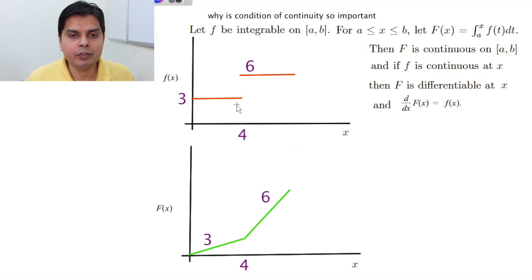After this point of discontinuity, that is after 4, it is increasing at the rate of 6. So this function will not be differentiable at this place. That's why in the fundamental theorem of calculus we say that this is a basic condition, that your integrand function, the small f(x), should be continuous. Then only can I have a differentiable F(x), and I can differentiate F(x) equal to this.